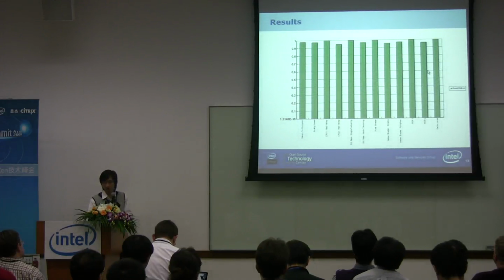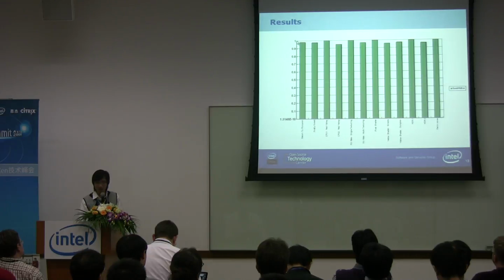Here is the result. You can see here the one means the native performance, and the bar shows the guest performance compared to the native.